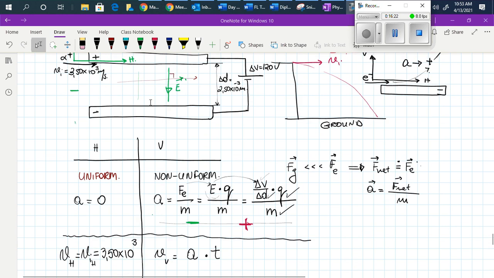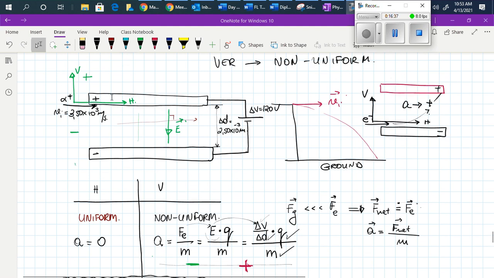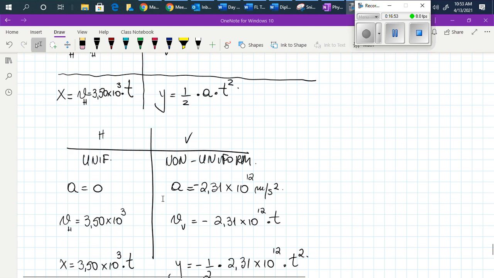Now it is negative because we have the object moving below the horizontal axis, because we always choose the vertical and horizontal axes at the point that the object is entering, and the normal horizontal and vertical axes, X and Y axes, that we have seen in math.